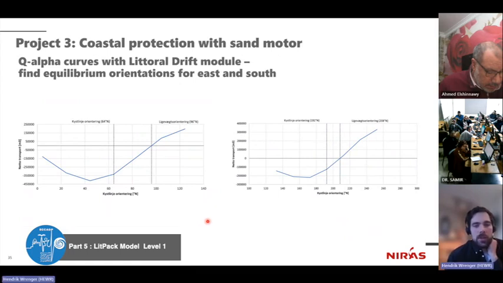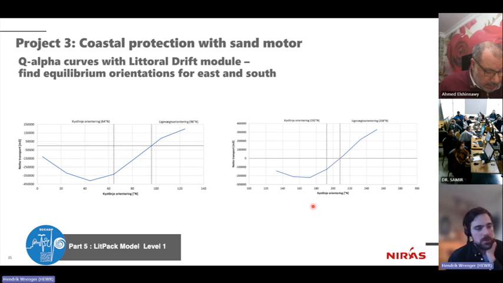We again did the Q alpha curves, and you can see for the eastern coast, there's about 30 degrees difference between the current orientation and the equilibrium orientation. So again, it's probably pushing a little bit the limits of achieving an equilibrium profile. On the southern coast, it's a bit closer.